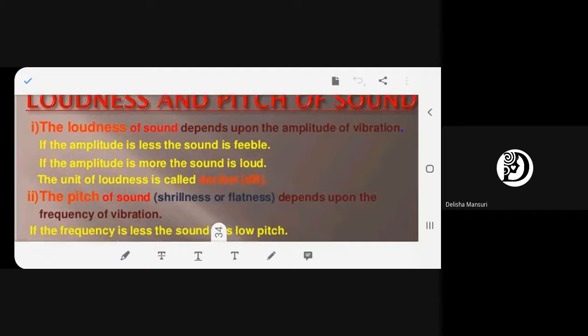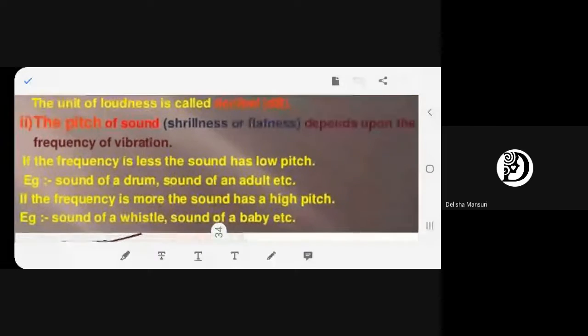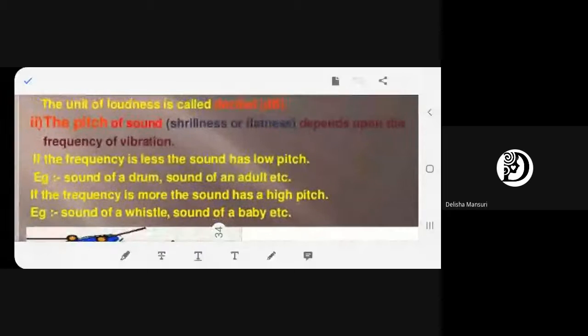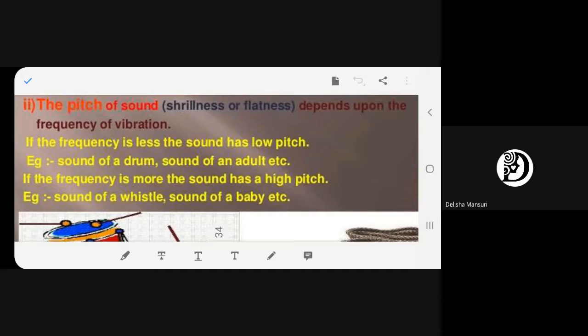Now we come to the second point, that is the pitch of sound. Please read. The pitch of sound, shrillness or flatness, depends upon the frequency of vibration.